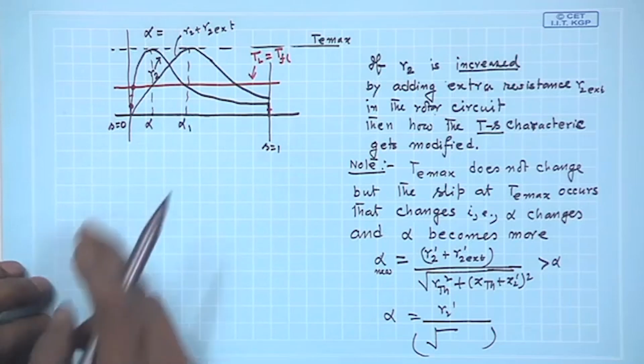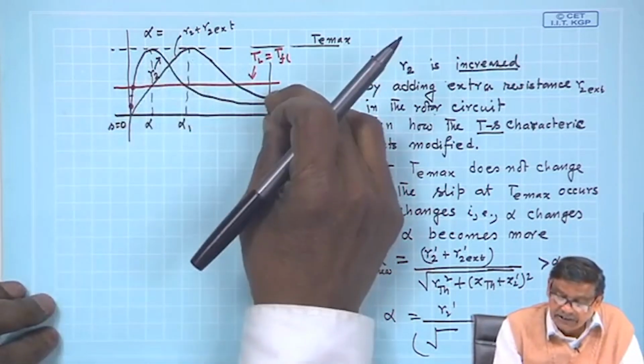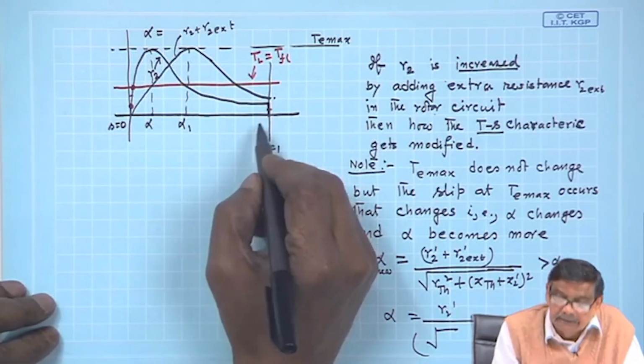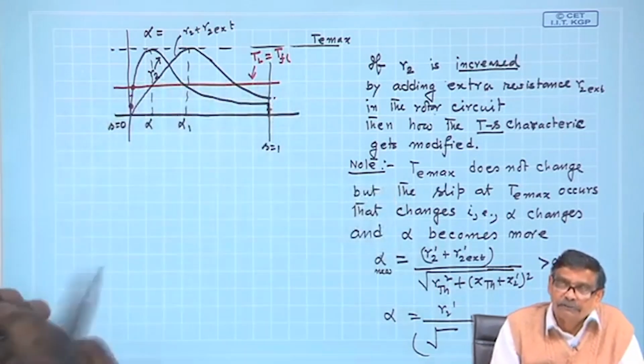Now, if you observe carefully, by doing this, the starting torque has been increased. Earlier it was this much, but now it is this much. But still it is less than the opposing full load torque.